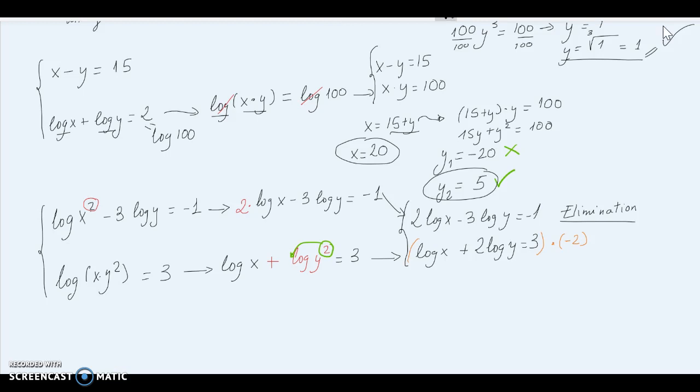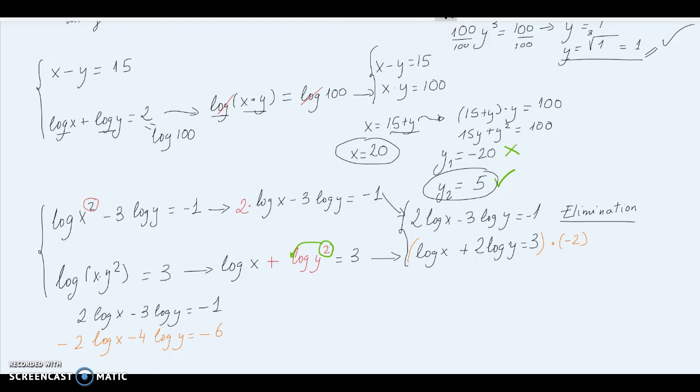So my new equations will be 2 log of x minus 3 log of y equals minus 1. The first equation is the same. The second, if I multiply by minus 2, I will have minus 2 log of x. Now minus 2 times 2 is minus 4 log of y equals minus 2 times 3. Okay, minus 2 times 3 is minus 6.